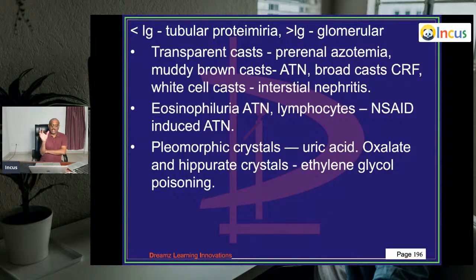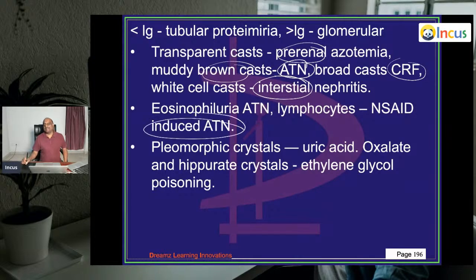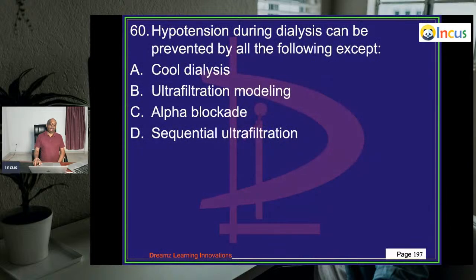Transparent hyaline cast in prerenal azotemia, whenever you are dehydrated. Muddy brown cast in acute tubular necrosis. Broad cast in CRF, WBC cast in interstitial nephritis. And where do you find eosinophiluria? NSAID-induced ATN. That's what you need to remember.